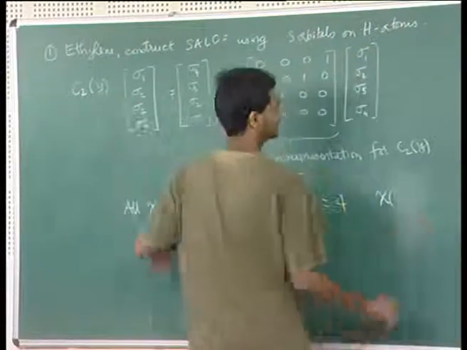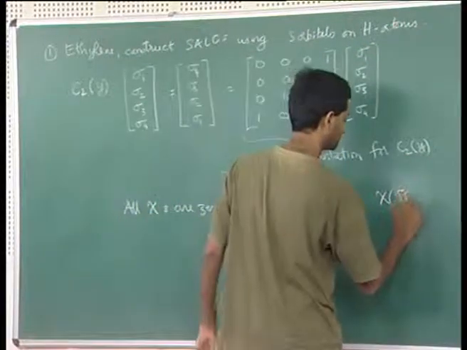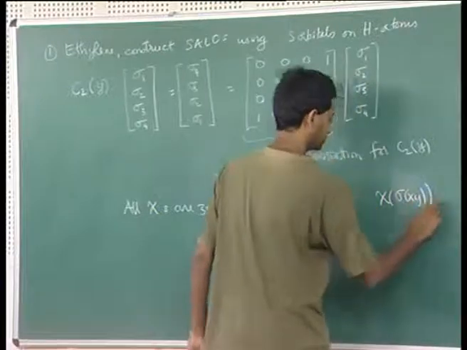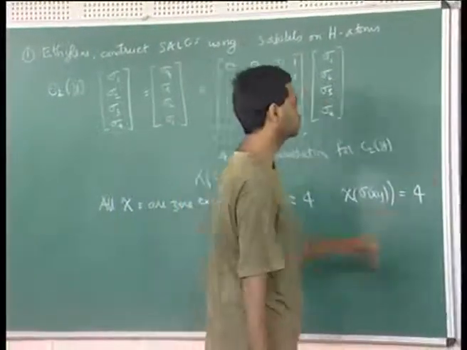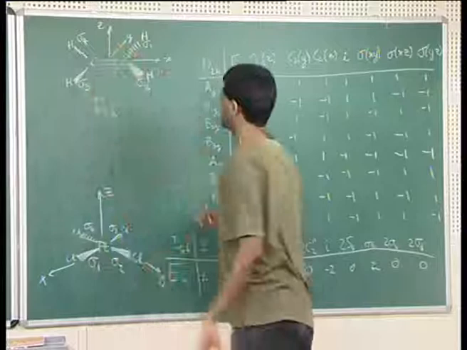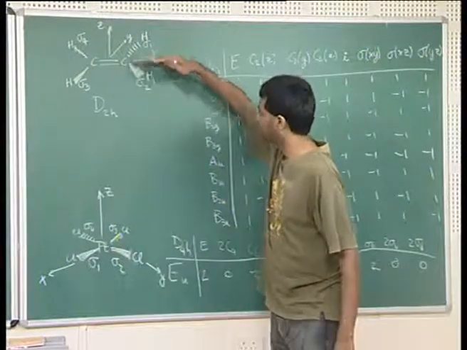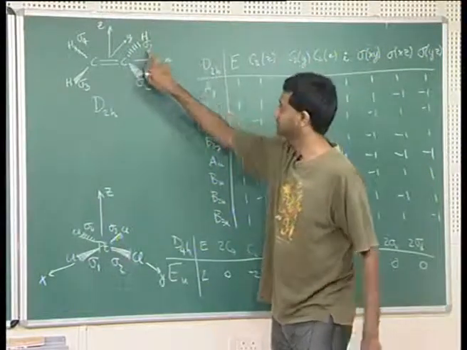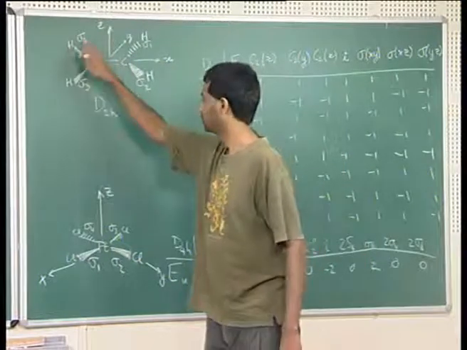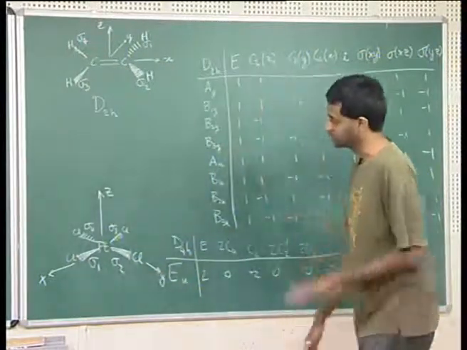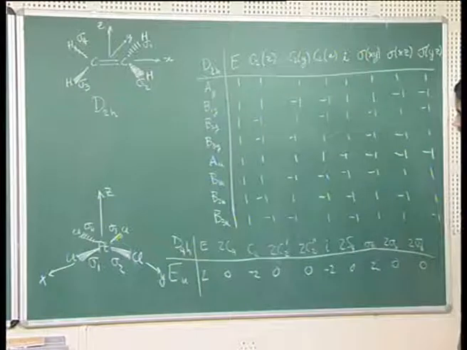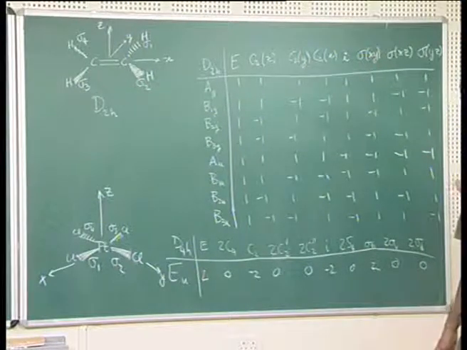So the molecule is in the xy plane, so chi of sigma xy is equal to 4. If you reflect about the xy plane, then sigma 1 stays sigma 1, sigma 2 stays sigma 2, all these remain as they are. And these two have non-zero characters, everything else has character 0.